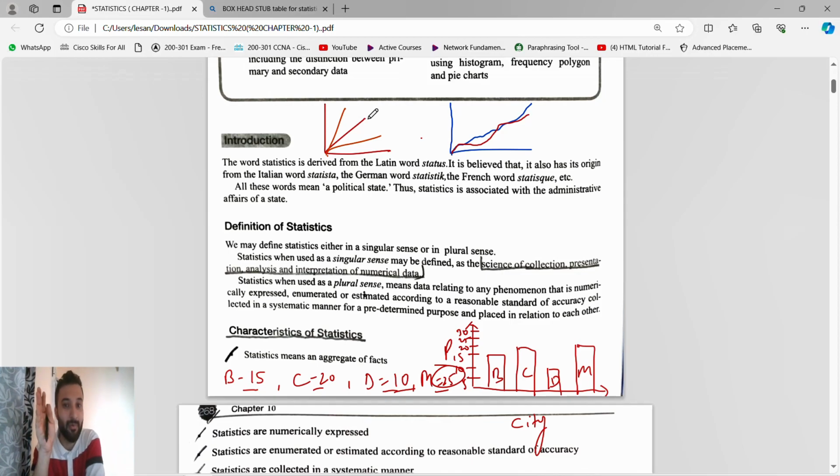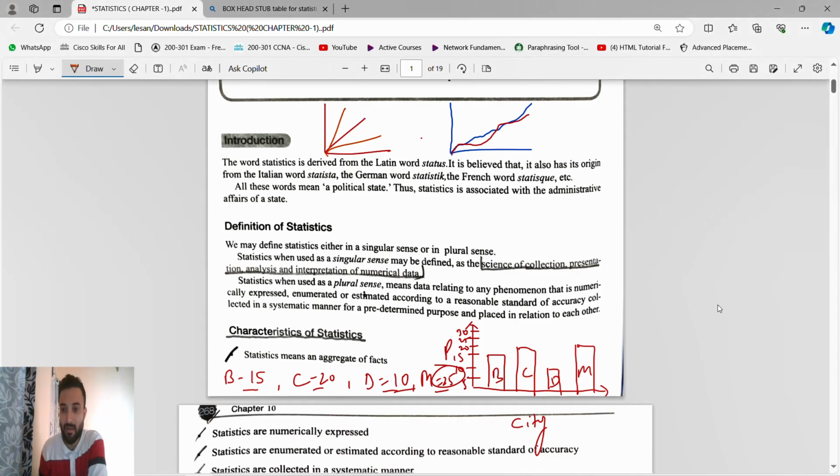Qualitative data is not used. This is very important, they will ask it in the examination. The word statistics is derived from the Latin word status. It also has its origin in Italian, which is statista.